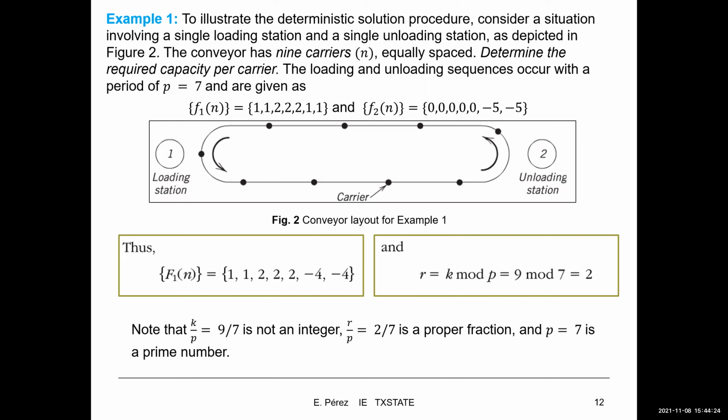And we also look for the R value. So we have K mod P, 9 carriers, 7 period. That's going to be equal to 2. Given that 9 over 7 is not an integer and R over P is 2 over 7, which is a proper fraction. It's a prime number. So this tells us that we can find a solution for this problem.